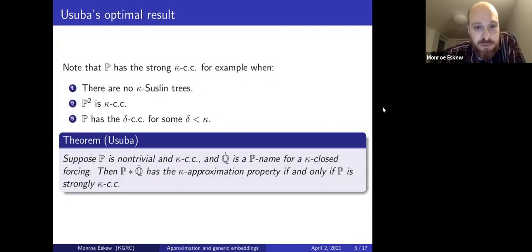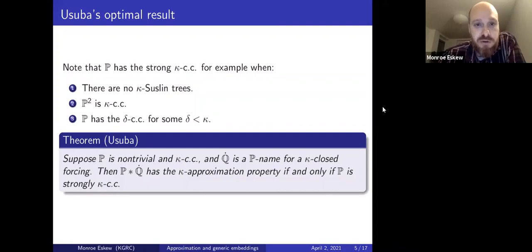Usuba proved this kind of optimal result about the Kappa approximation property, at least along the dimension of Kappa CC. There are other ways to have Kappa approximation, but he showed that if P is a non-trivial Kappa CC forcing, and Q dot is a P name for a Kappa closed forcing, then the two-step iteration P star Q has the Kappa approximation property if and only if P is strongly Kappa CC.